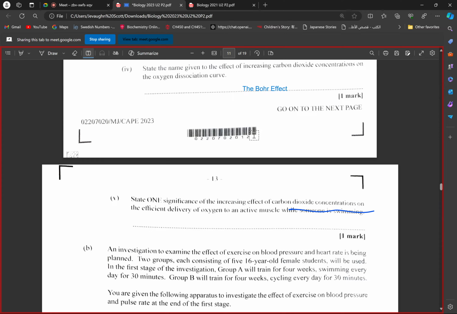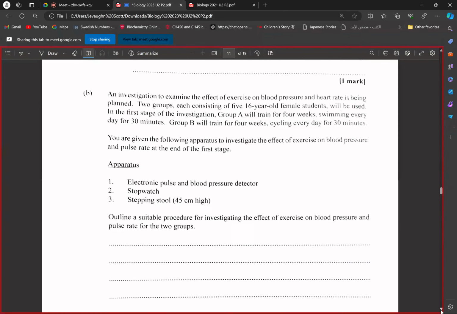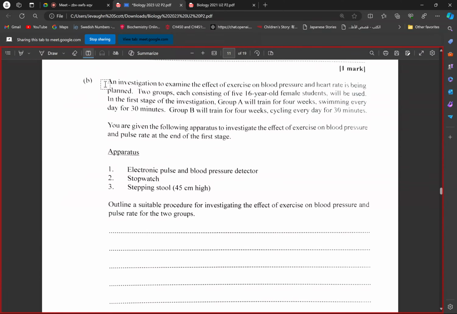And the Bohr effect states that it's going to counteract that change. The affinity of hemoglobin will change as the carbon dioxide concentration increases. So the affinity of hemoglobin for oxygen will decrease, releasing oxygen towards the active muscle cells that are respiring. So we're looking at the significance of that. Okay, just the Bohr effect. That's all you need to know for that.